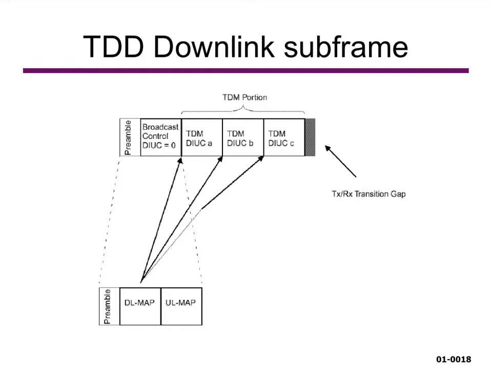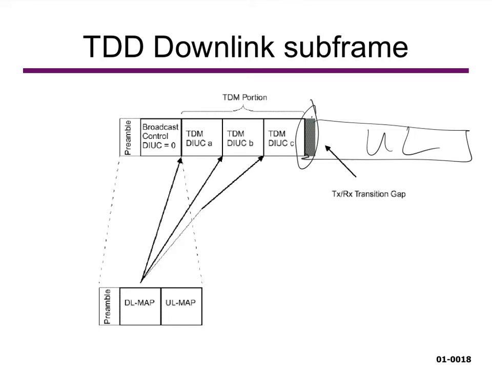So basically, at the beginning of each frame, as we said before, this is the case for TDD, in which case the frame is subdivided into two subframes. The first subframe is for downlink, and there is, of course, another subframe here. This is for uplink. And as you can see, there is the gap.